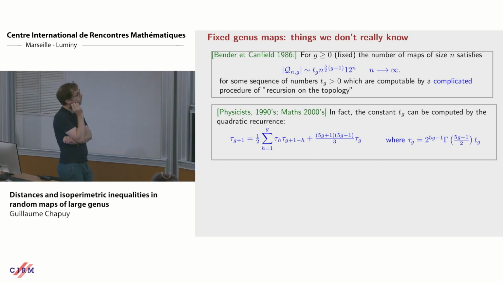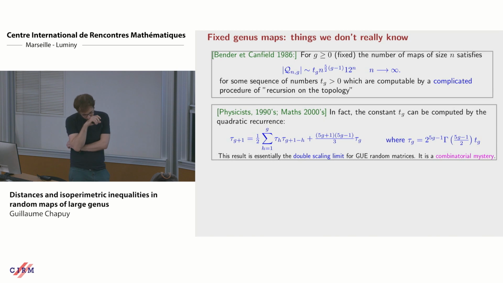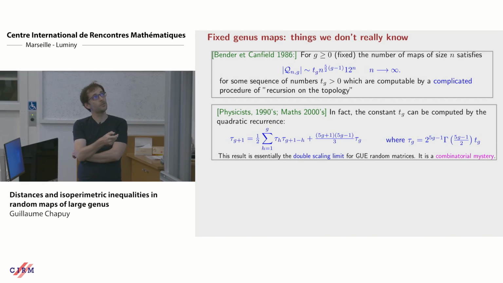For people who know, you can prove this either by algebraic combinatorics or by orthogonal polynomials and matrix integrals. And in the literature about random matrices, this recurrence is essentially the double scaling limit for the GUE random matrices. And this is a combinatorial mystery.